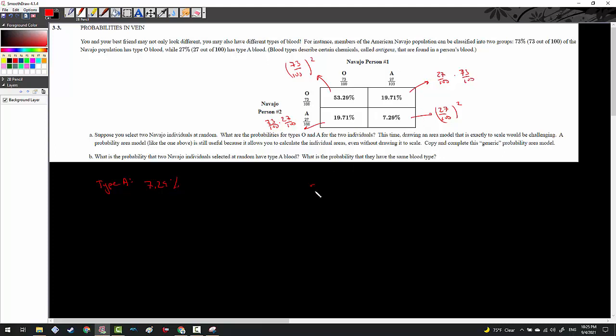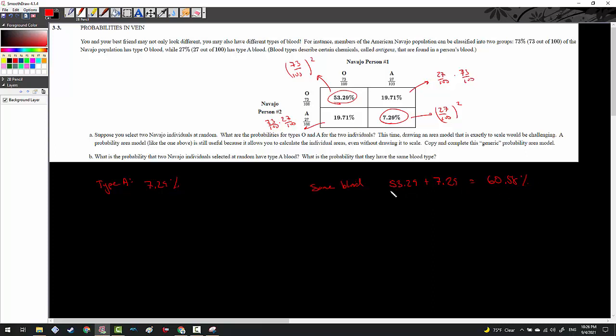Now, the same blood type. Well, they could have both type O or they could have both type A. So again, we're looking at this probability as well as this probability. The two probabilities combined would be 53.29 plus 7.29, which ends up being 60.58%.